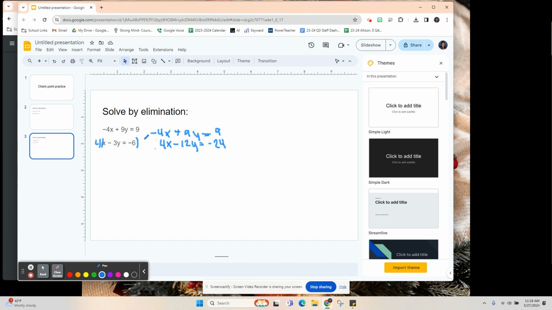Okay, so now the next step for solving by elimination, we're going to add these equations together. Now that we've created the additive inverses, negative 4x and positive 4x are going to eliminate, which is what we want. And then we're going to move on to our y's. 9y minus 12y, or plus negative 12y, however you want to think about it, is going to be negative 3y.